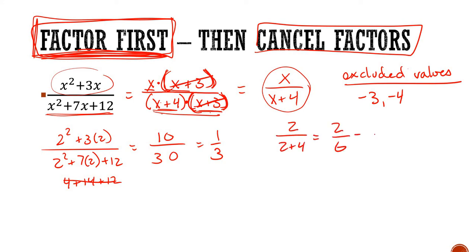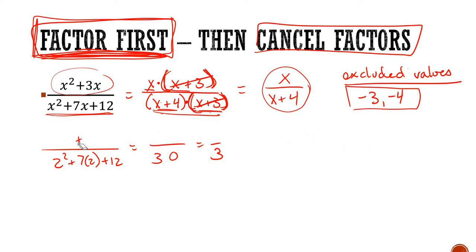So that's 30, and this equals 1/3. If I plug 2 into my simplified version, I get 2/6, which is also 1/3. So clearly it's easier to find values for different x values using the simplified version, but remember, both of these are excluded.